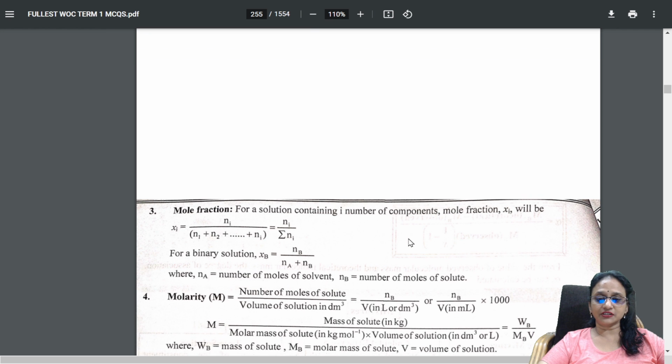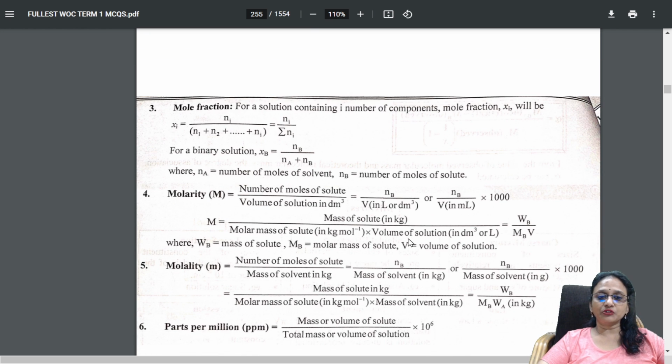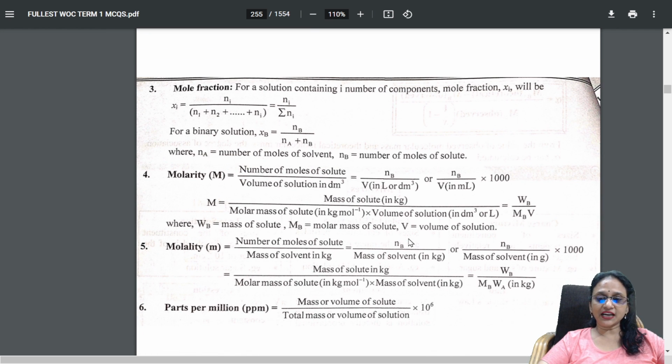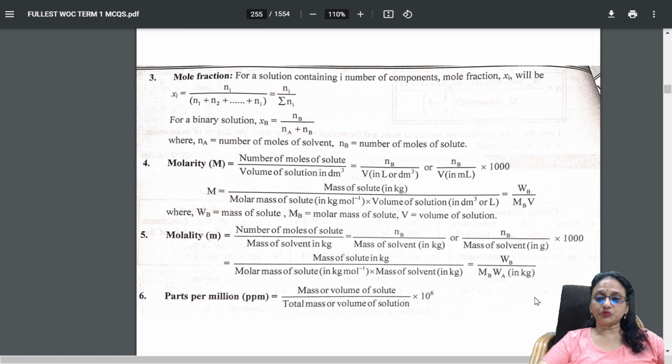The next are the formulas for mole fraction, molarity, molality, parts per million. These formulas, along with what is in liters, what is in dm cube, everything is mentioned here. What is the formula when you calculate in kilogram? So learn the formulas, it's very important.